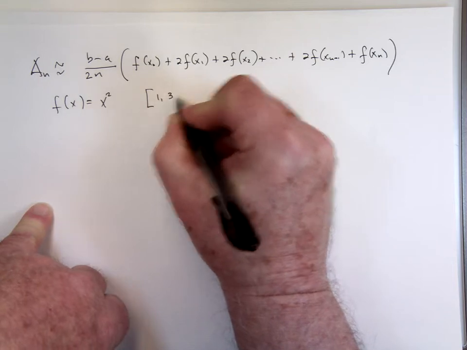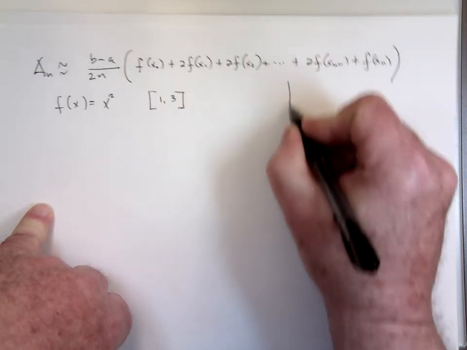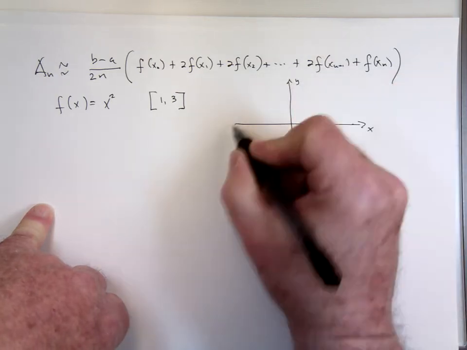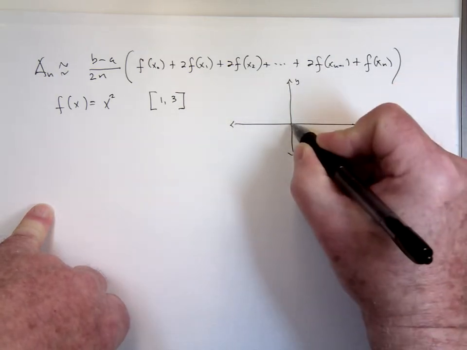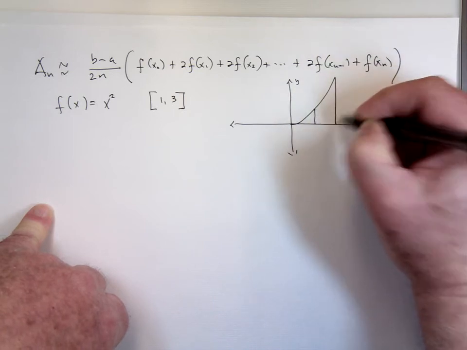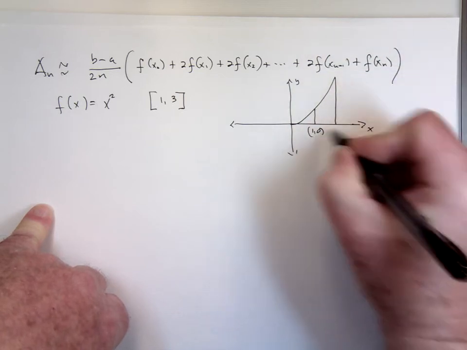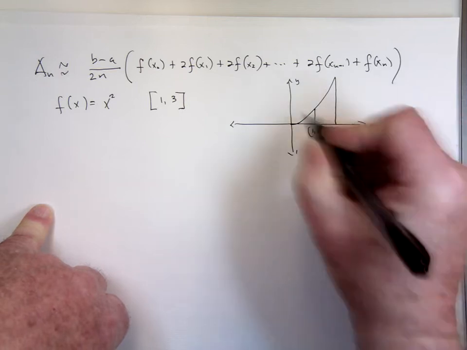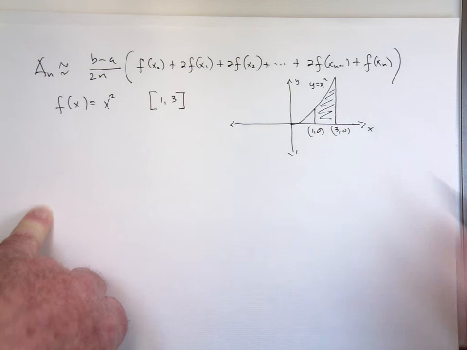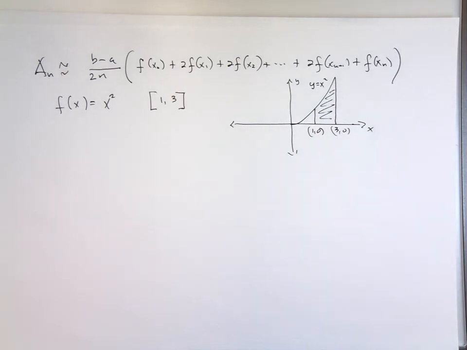So we want to do an approximation of the area under this graph, y equals x squared, from 1 to 3. And the more intervals we take, obviously, the better the approximation.